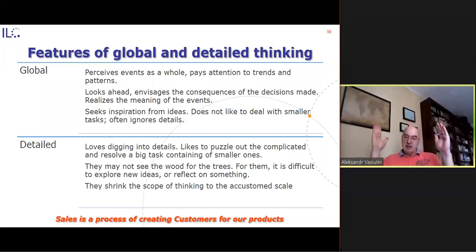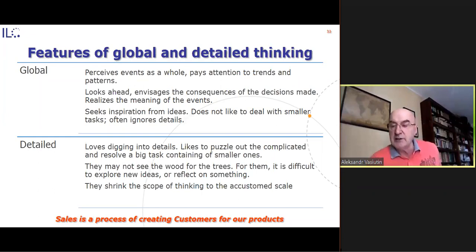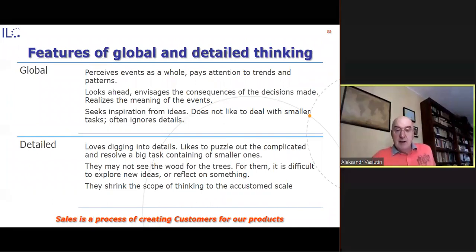They find it difficult to explore new ideas or reflect on something. They shrink the scope of thinking. Well, a detailed thinker will never say that sales are the production of customers for our products, whereas the global thinker will like this statement that sales are a process of creating customers for our products.